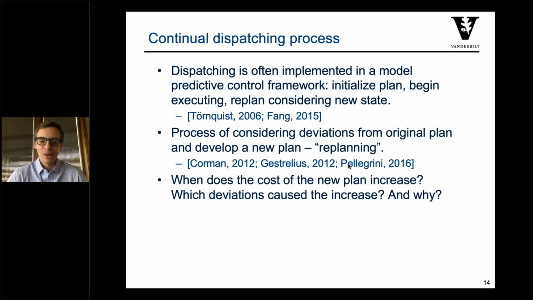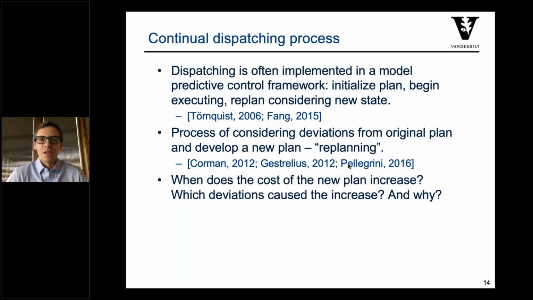In my current research area and in our domain and terminology, we refer to this overall process of taking a plan, running the system forward in time, and then regenerating a plan as a model predictive control framework.